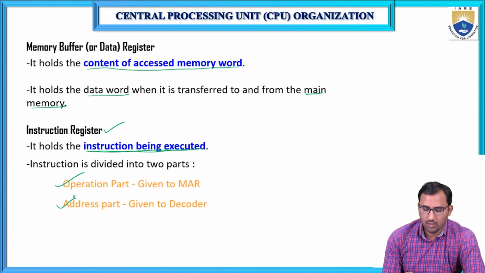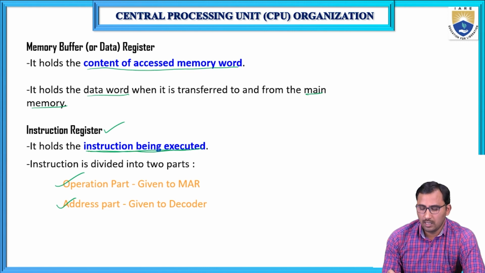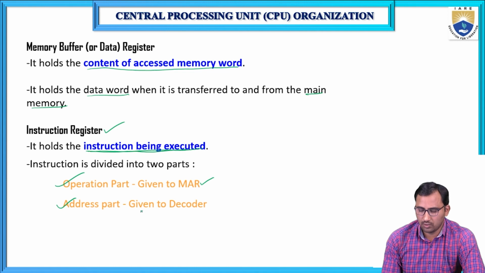The operation part of the instruction will be given to the memory address register, and the address part of the instruction we give to the decoder in order to decode the address.